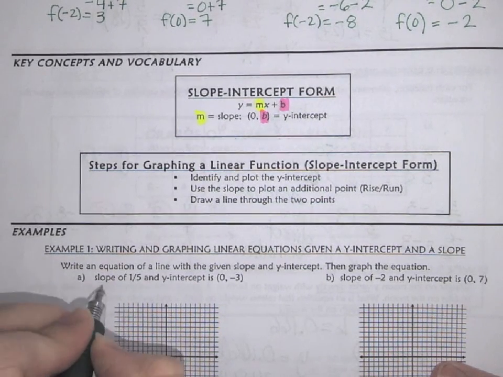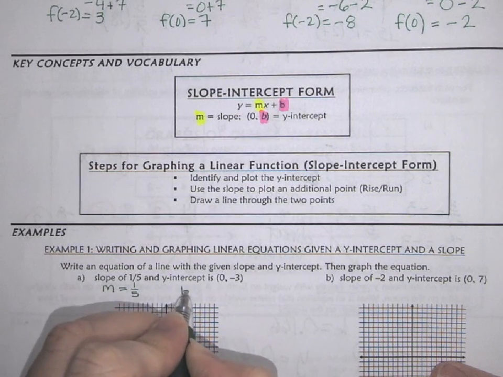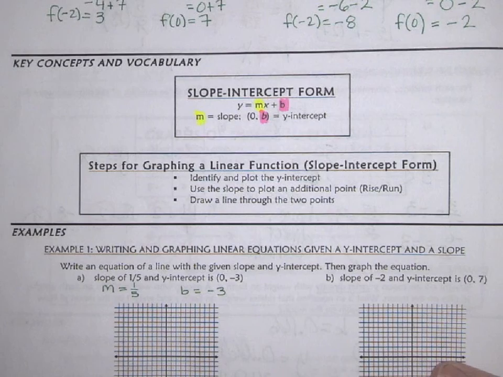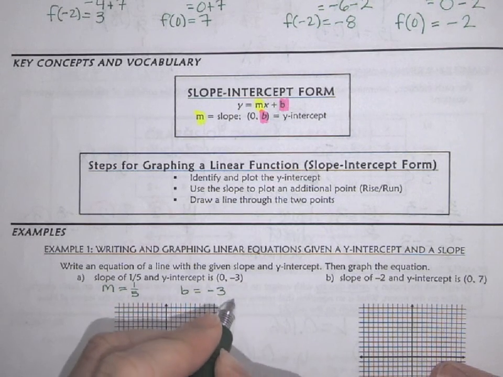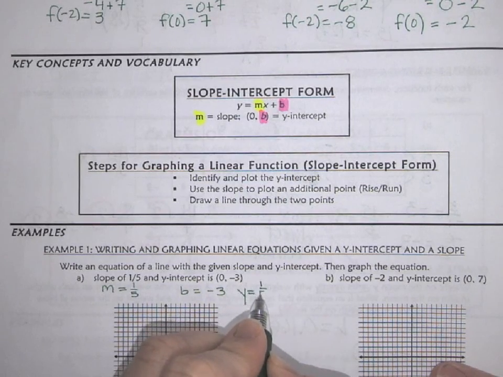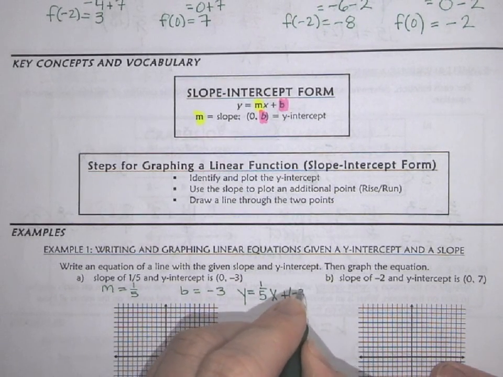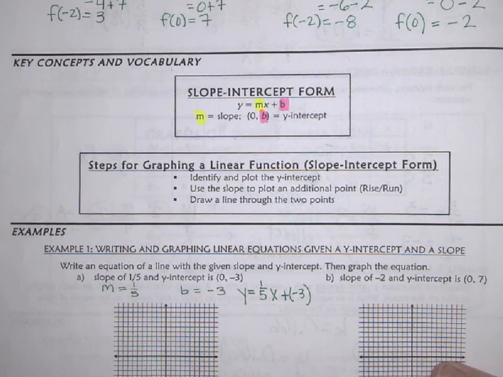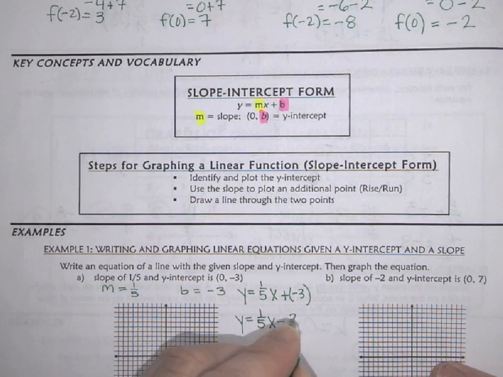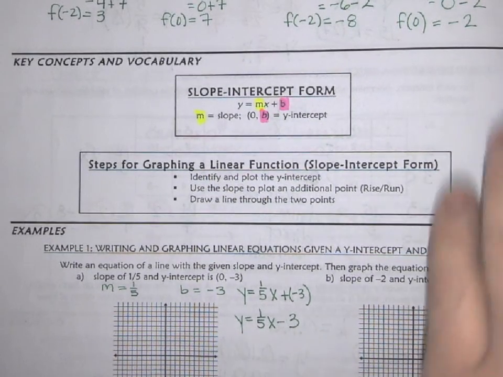So my m is 1/5 and my b in this instance is -3. So I can write my equation. It's going to be y equals 1/5 x, and I can either do plus a -3 like that, or I can rewrite it to minus 3. Both are correct, both are accurate.